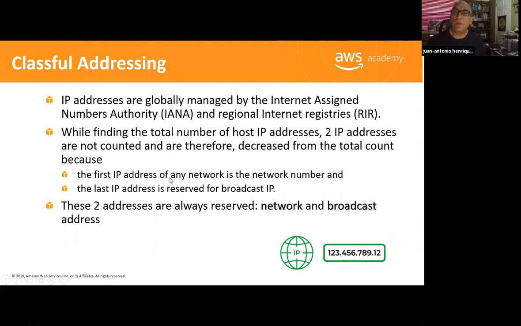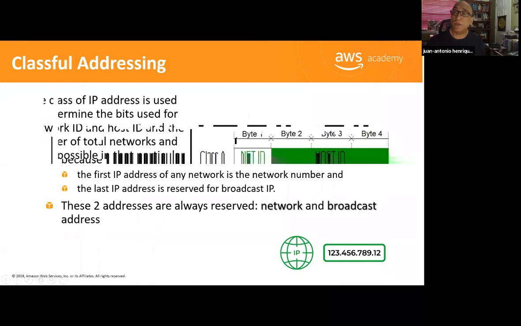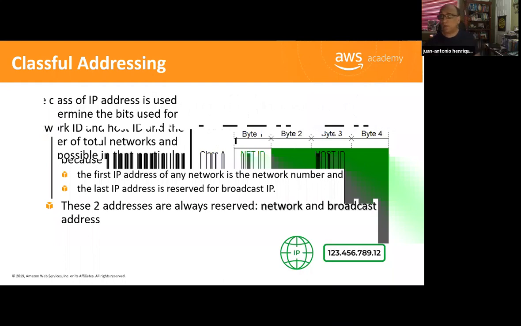So IP addresses, we mentioned, are globally managed by the Internet Assigned Numbers Authority and another entity called the Regional Internet Registries. They are responsible for assigning addresses to a company, a governmental agency, or an ISP.